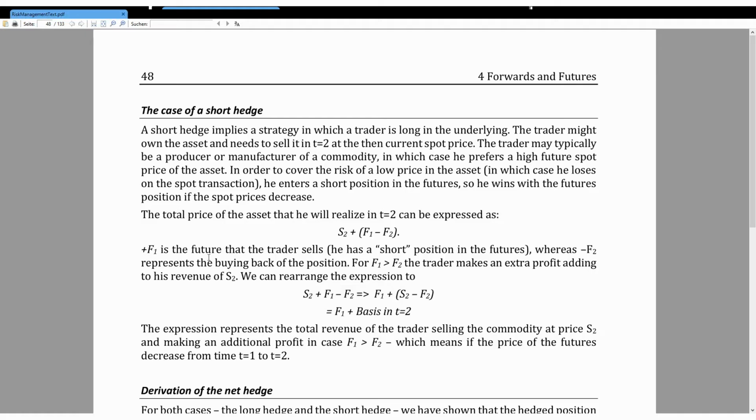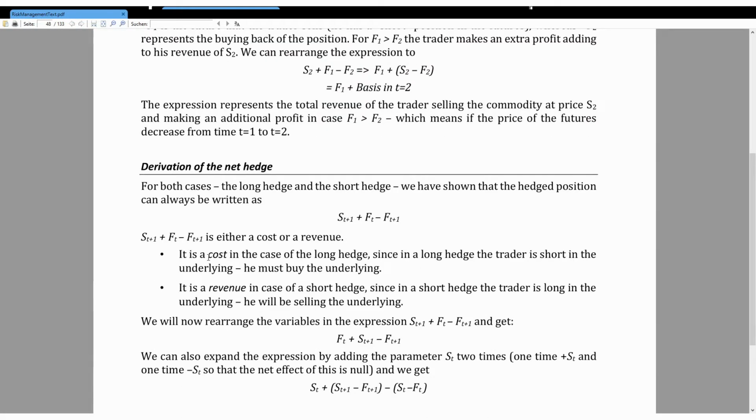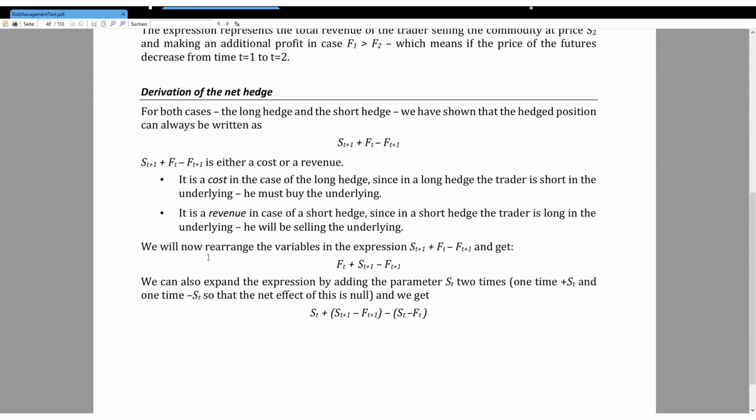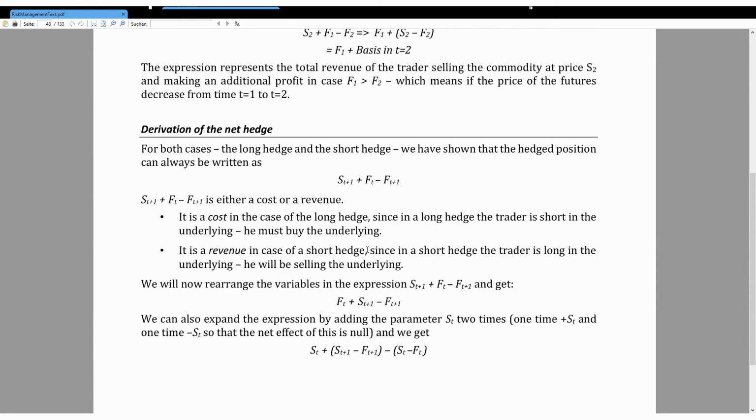The net hedge, which is either a cost or a revenue, can be explained in 3 equivalent ways. The hedge position, no matter if it is interpreted as a cost or a revenue, is always S_T+1 plus F_T minus F_T+1. We have just derived that in the 2 sections above.